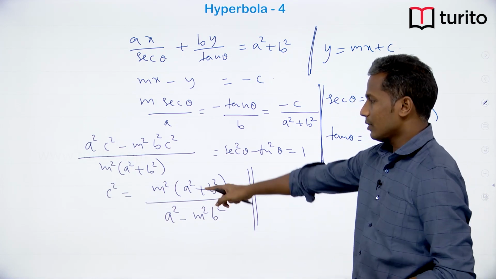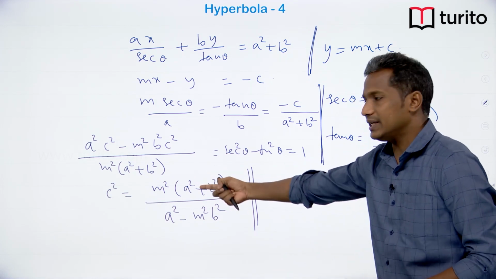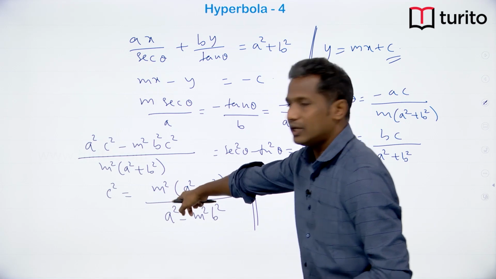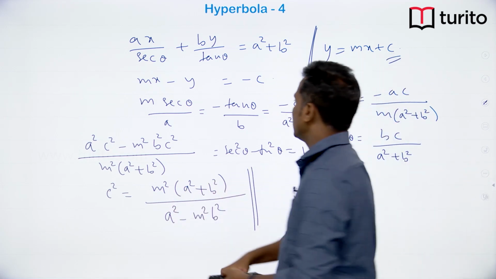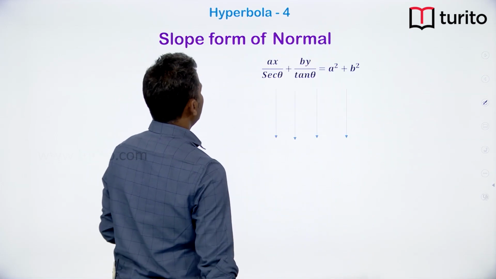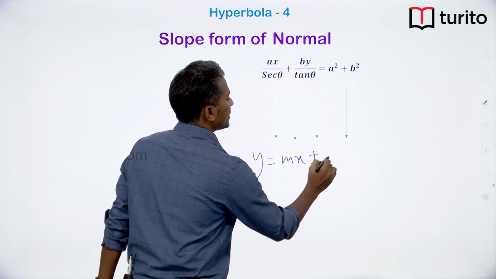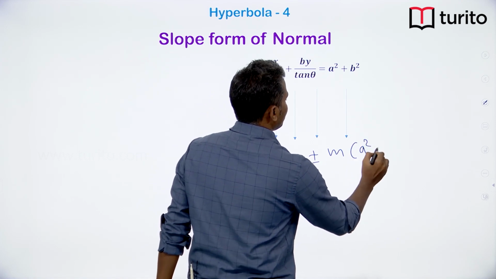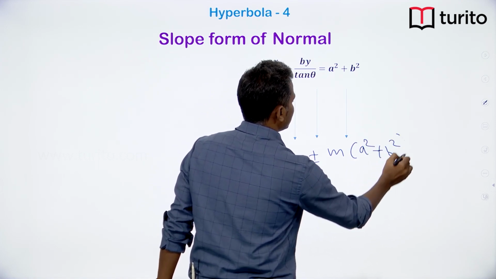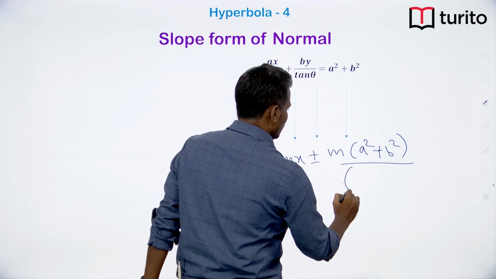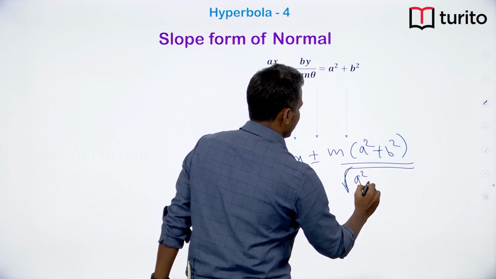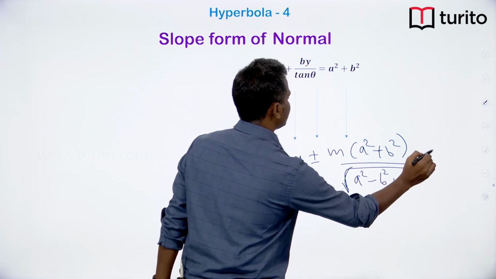If I want to put c directly, I just need to take the square root and put plus minus sign. So basically it becomes y equal to mx plus minus m into (a square plus b square) divided by root of (a square minus b square m square).